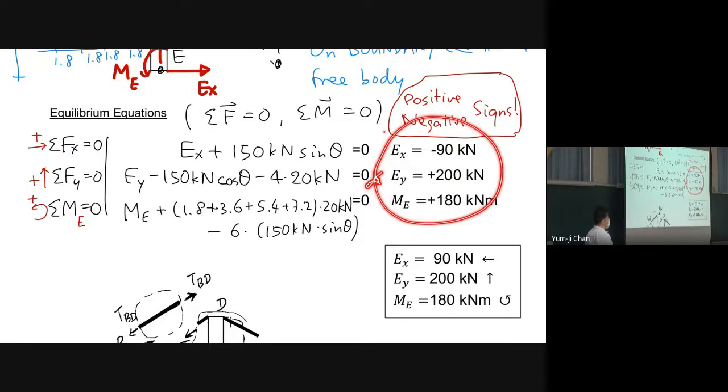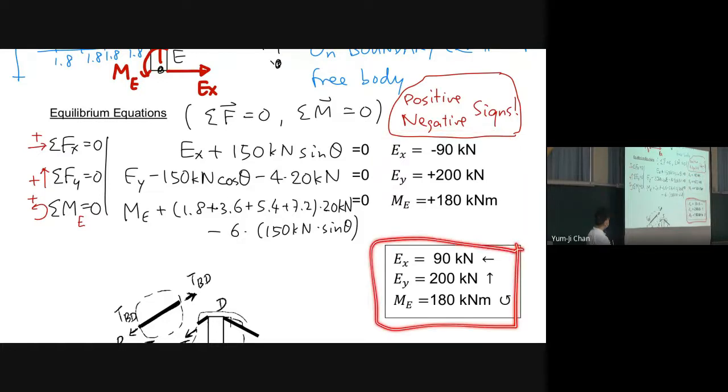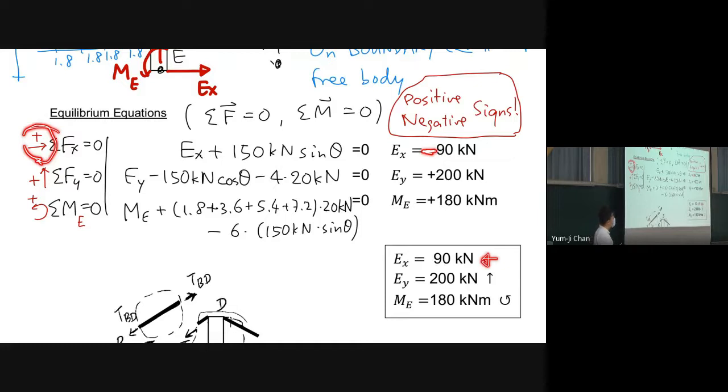And for your results, in my examination you can do this. But if you go to examinations at other universities, you may write in this way. Okay. So because this is negative 90 kilonewton, and positive is to the right, this force is going to the left.